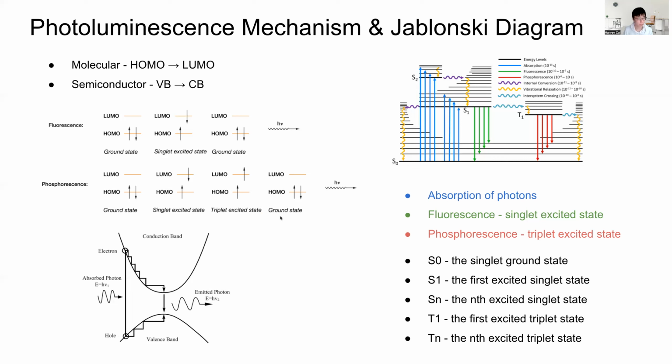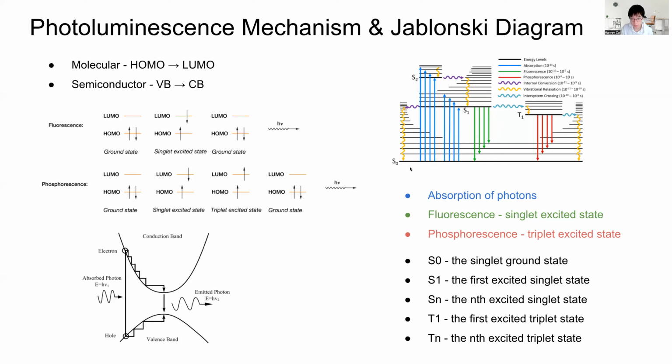And for semiconductors, the electron is excited from the valence band to the conduction band. And when internal conversion happens, and after the electron relaxes to the ground state, a photon will also be emitted. And we can look at the Jablonski diagram for a more comprehensive illustration.